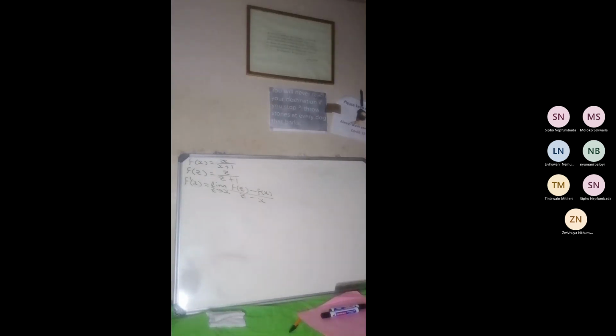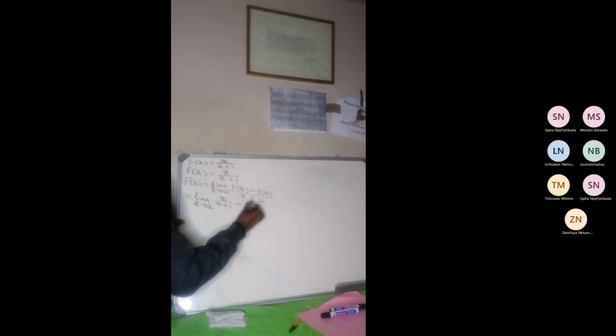When we proceed, where there's f at z, we plug in f at z, and where there's f at x, we plug in f at x. So this thing is going to be simple and straightforward. This equals, remember we're doing mathematics, we continue with our equal sign, the limit, you must not forget the limit, of z approaching x of z over z plus 1 minus x over x plus 1, all divided by z minus x.